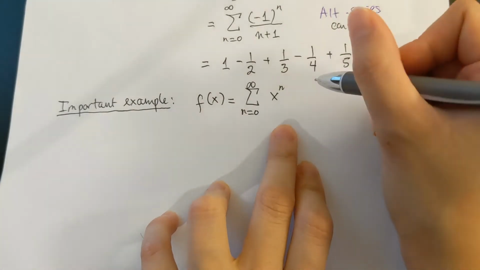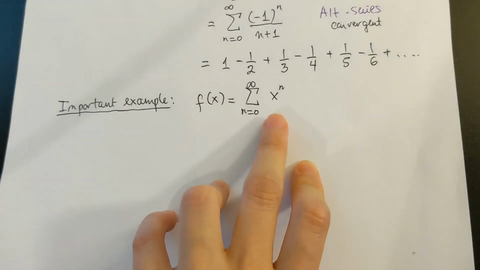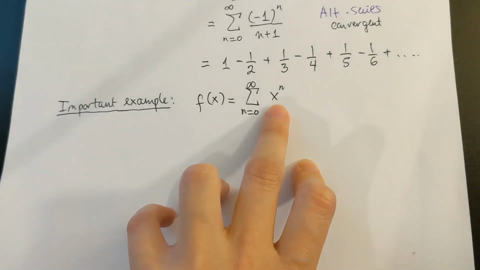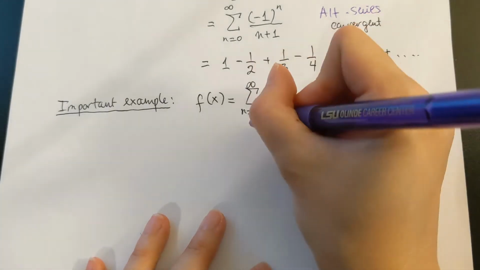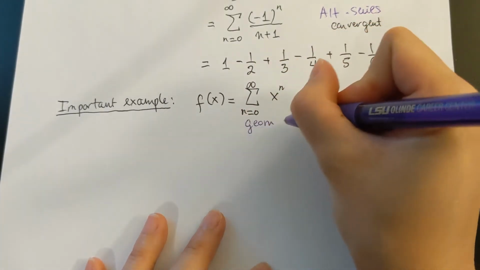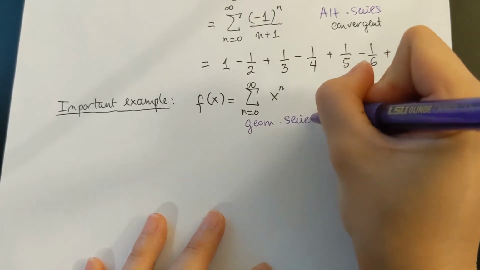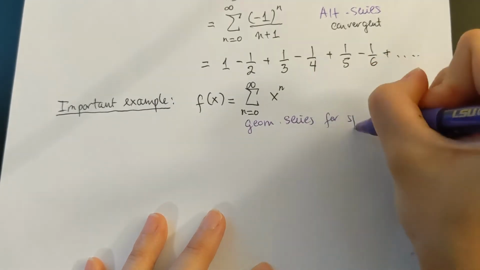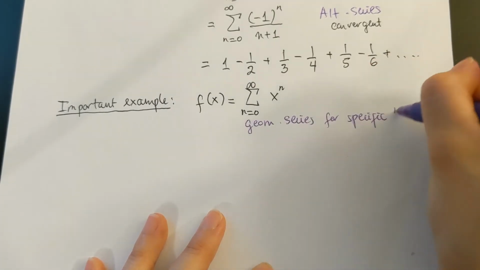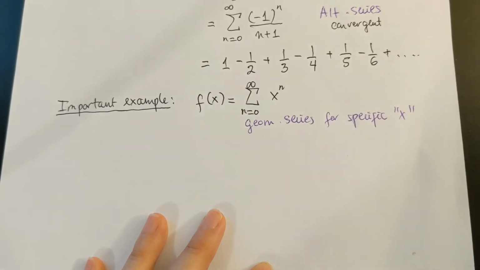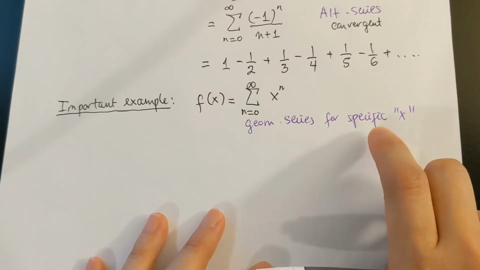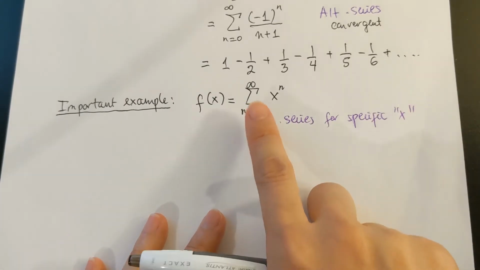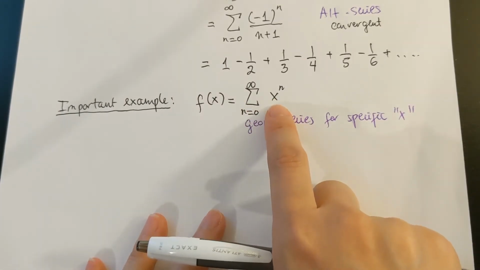And we know that for a specific value of x, it becomes a geometric series. So we can use the condition for convergence of geometric series to say about the convergence and divergence of this power series.